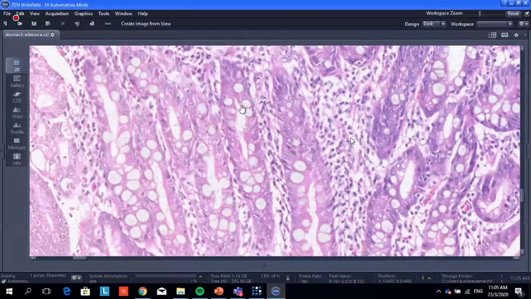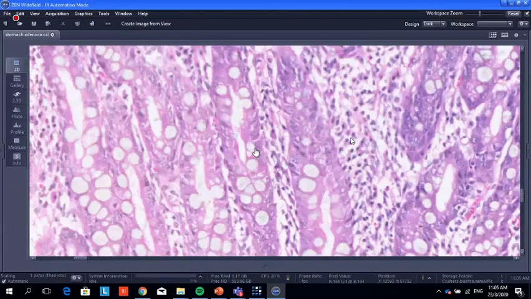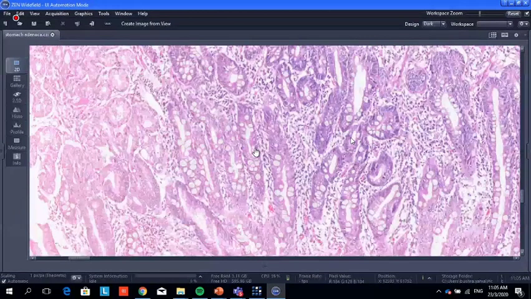It is columnar, but the intestinal type of columnar epithelium. They have goblet cells. In the stomach gland, no goblet cells. So there are goblet cells here in this area.